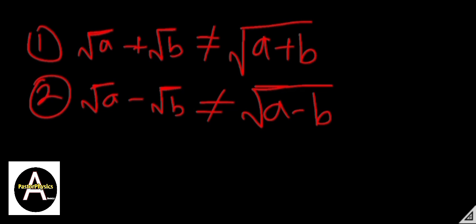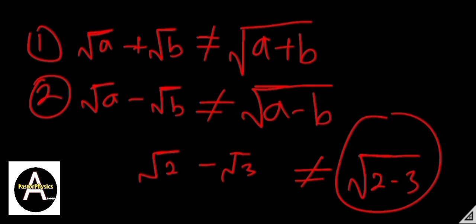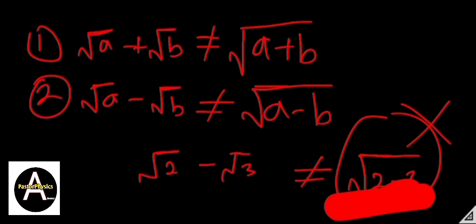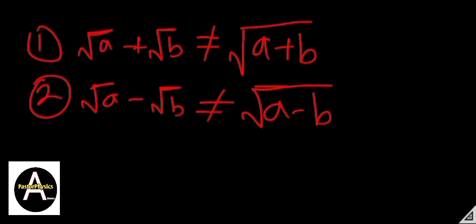So if you see a problem like root 2 minus root 3, it is not the same thing as root of 2 minus 3. If you write it like this, you are wrong. Are you getting it? Make sure you write down those rules so that with time we'll be making reference to them. Root a minus root b is not equal to the overall root of a minus b.